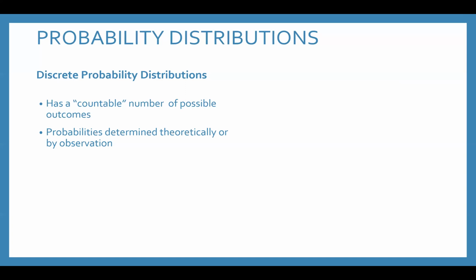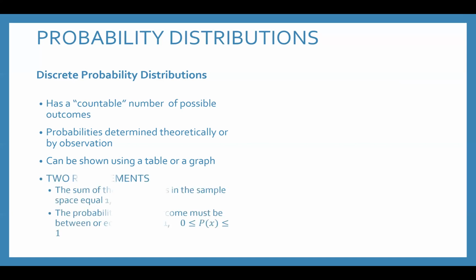If you do an experiment enough times, you can get an estimated probability based on that. The more times you do something, the better your approximation. We can show or create a table or a graph for a discrete probability distribution. There are also some formulas, but we don't rely on those too much.